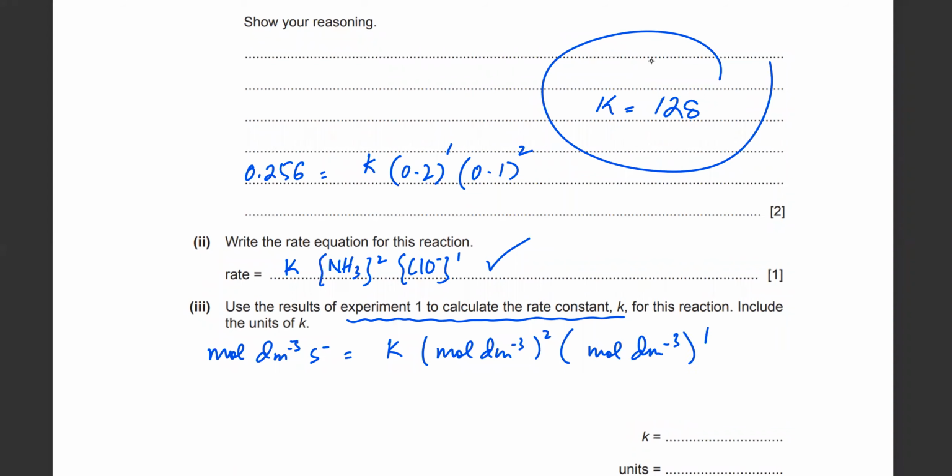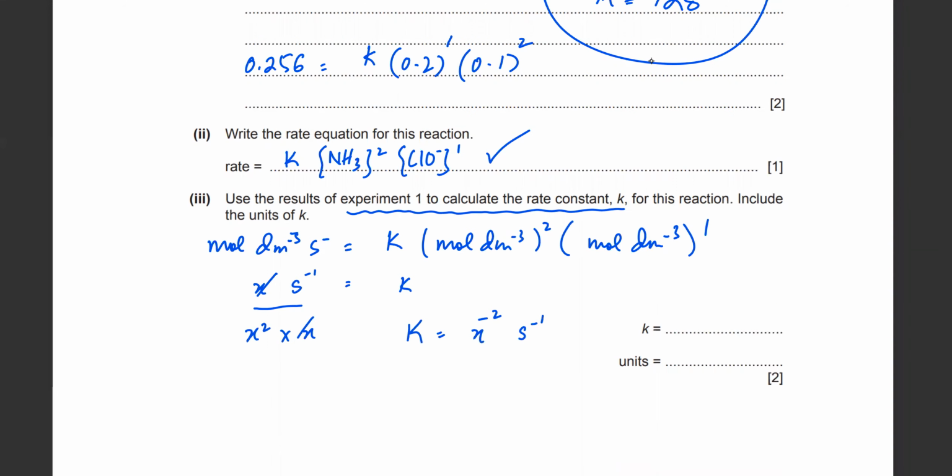I'm just going to take mole per dm cube as X. So X s minus 1 is equal to k times X squared times X. So k comes out to be X to the power minus 2 s minus 1. Substituting mole per dm cube, it's mole minus 2 dm to the power 6 s minus 1. Is that clear?